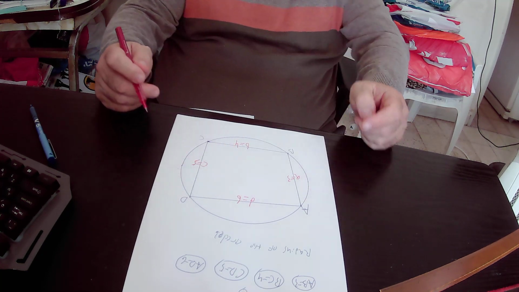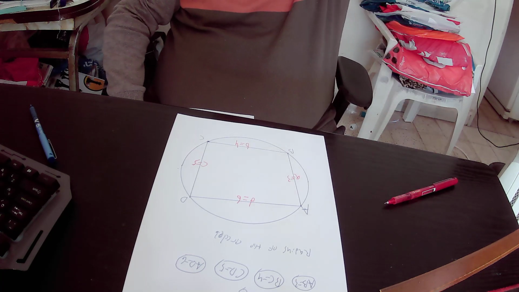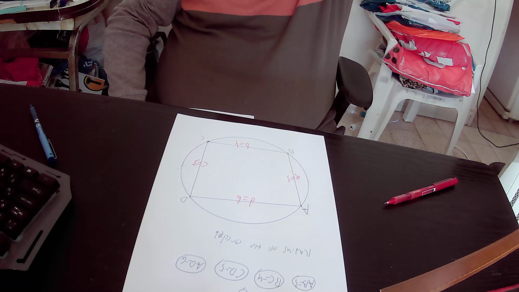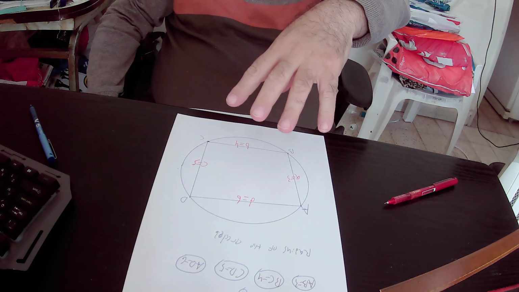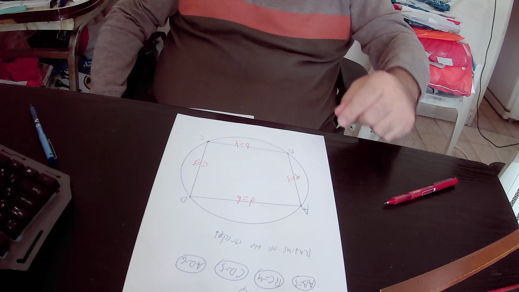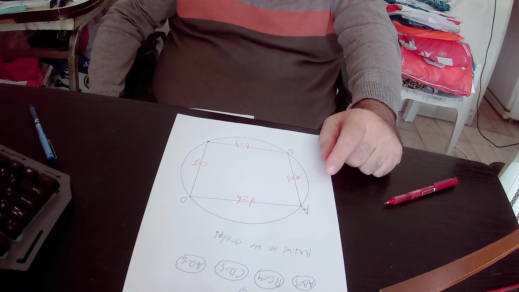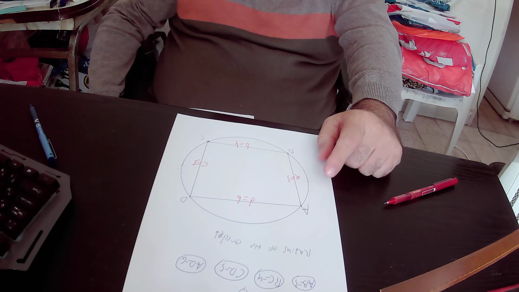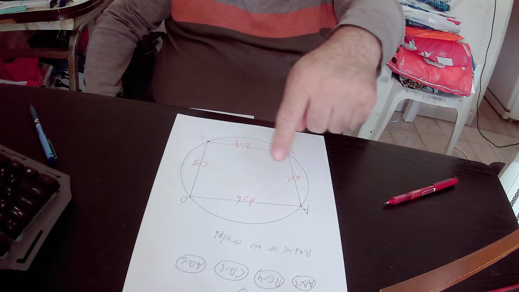Okay, and we want to find out the radius of this circle that blocks quadrilateral ABCD, or quadrilateral ABCD is inscribed by this circle, and we want to find out the radius of this circle.